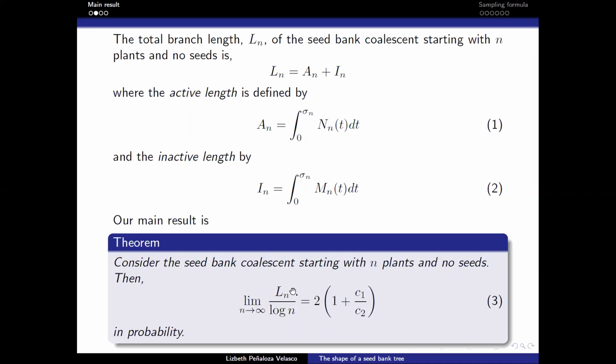We found that the total length of the seed bank coalescent over log n converges in probability to 2 plus 2 times C1 over C2, where the first part corresponds to the active length and the second part, 2 times C1 over C2, corresponds to the inactive length.